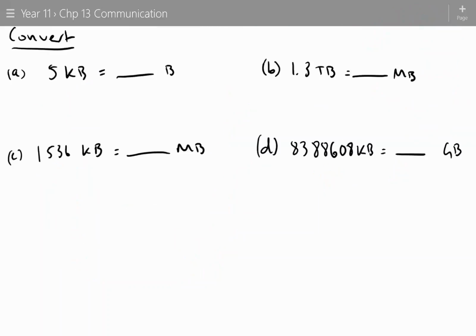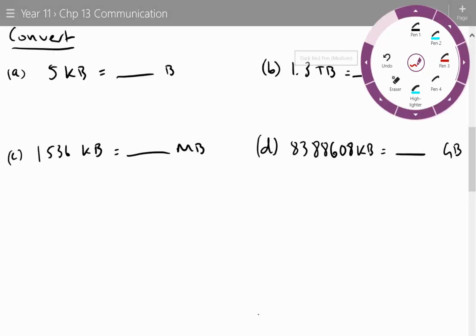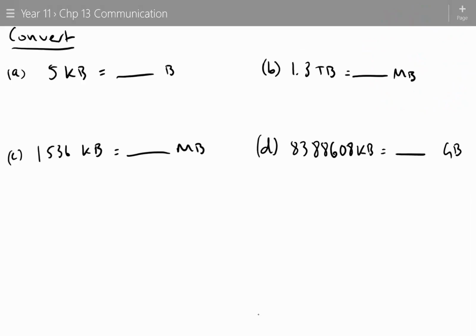Let's have a look at 4 examples between converting between kilobytes and bytes, terabytes and megabytes, and so on. This first one says, convert 5 kilobytes to bytes.